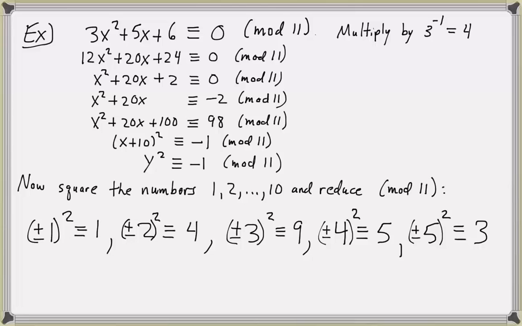And we see that none of these answers are congruent to negative 1, which is 10 mod 11. So we see that the final congruence, y squared congruent to negative 1 mod 11, is not solvable, and therefore our original congruence is not solvable.